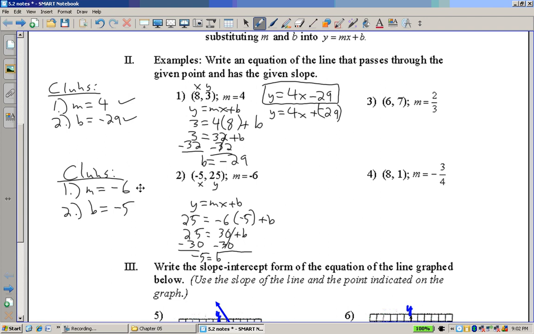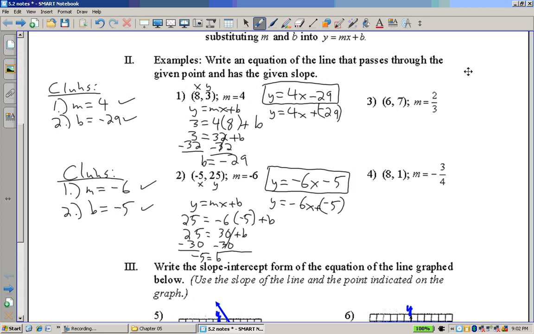Let's check. Do I have m? Yes. Do I have b, the y-intercept? Yes. But I don't have my equation yet, so I have to finish it out. Y equals m, which is negative 6, x plus b, plus a negative 5, or just minus 5. Again, this could work, but it's better to see it in the other form.